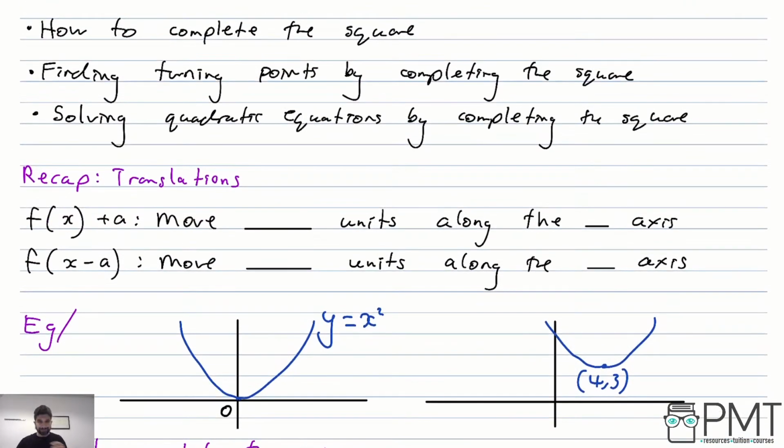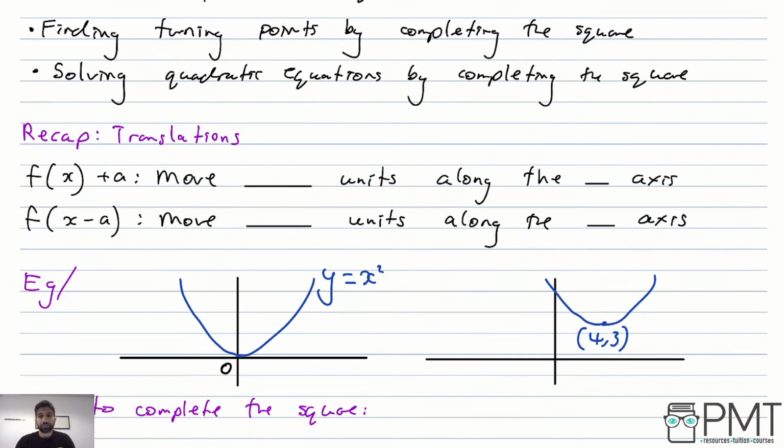translations, because we need that in order to find turning points. I want to look at how translations work. So can anyone tell me, if you have done this before, how translations work? If you have f of x plus a, say you have a curve y equals x squared, and then you add a constant to this.